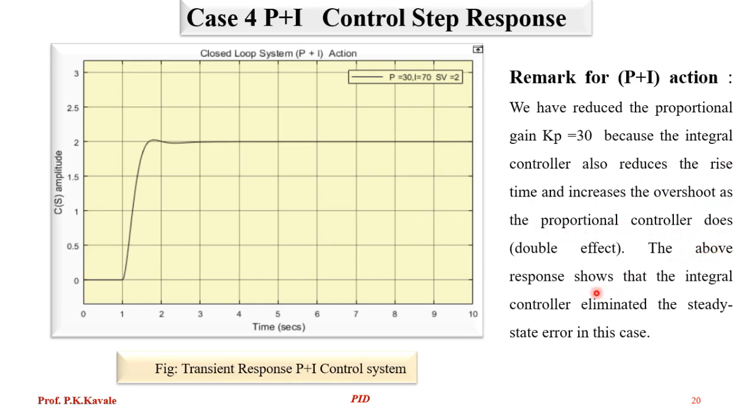The response shows that the integral controller eliminates the steady state error. Now see that we have reached 2. Before that there was an offset, so integral control removes the offset. This is the important one. The overshoot also reduces, and the response is smoother.